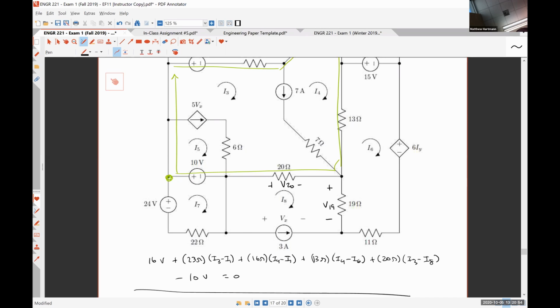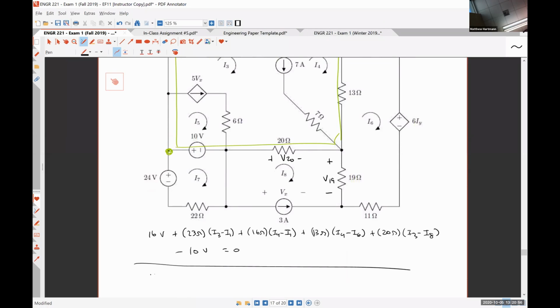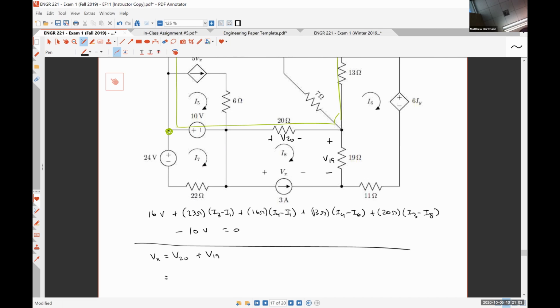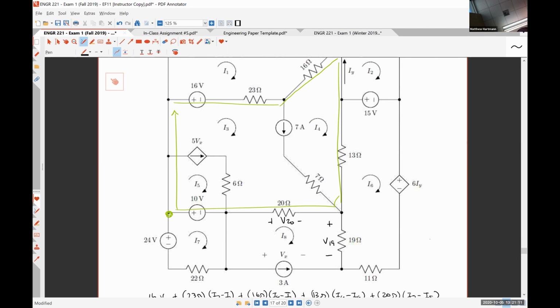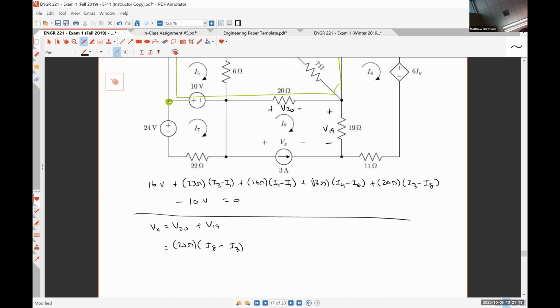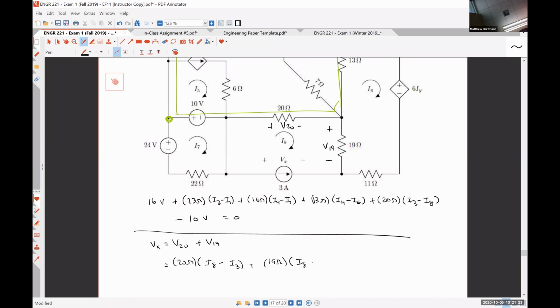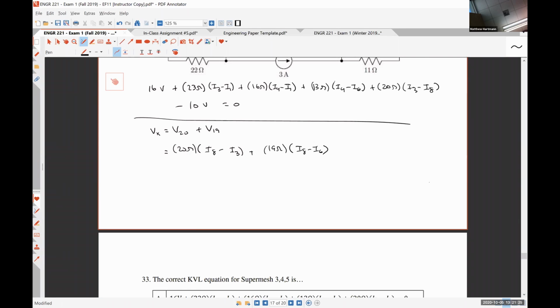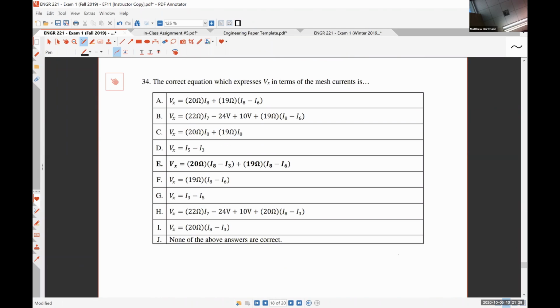All right, so Vx is equal to V20 plus V19, where V20 is 20 ohms times I8 minus I3, and V19 is 19 ohms times I8 minus I6. Yep, there we go.